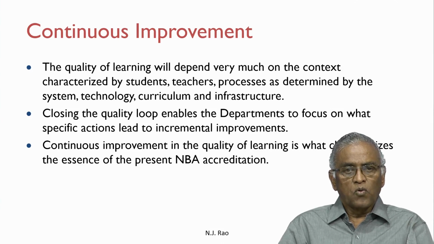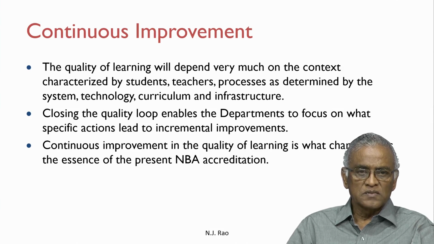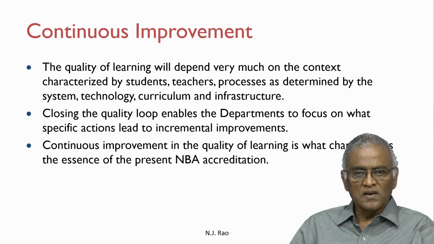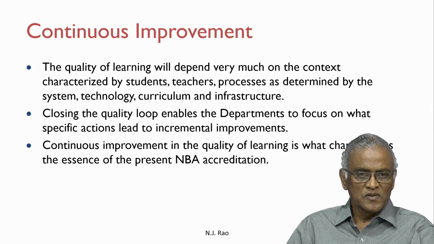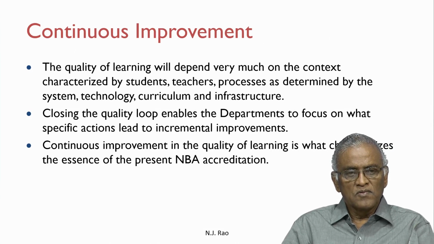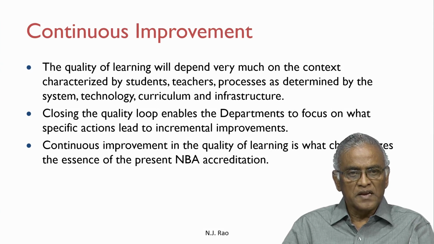accreditation. Quality of learning will depend very much on the context characterized by students, teacher, processes as determined by the system, technology, curriculum and infrastructure. All of them change. So, if you want to improve, you have to look at each one of them to see what it is that I can do.